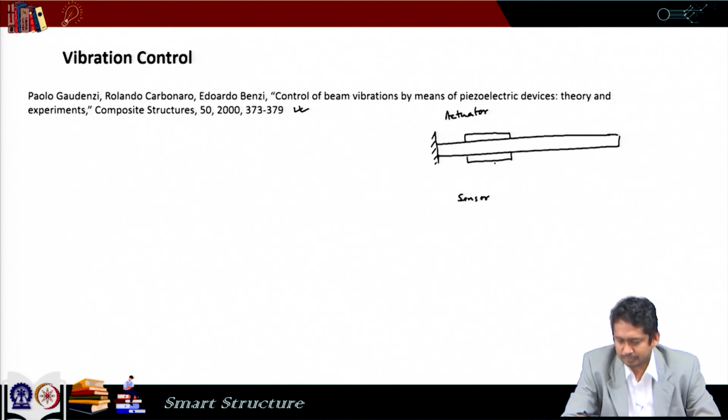Now, from the piezoelectric sensor, so this structure is under some dynamic load. So, in the experiments the dynamic load can be given by a shaker or anything. In real life it is due to the external factors. So, it is under some dynamic load, and so we can just show some loads here.